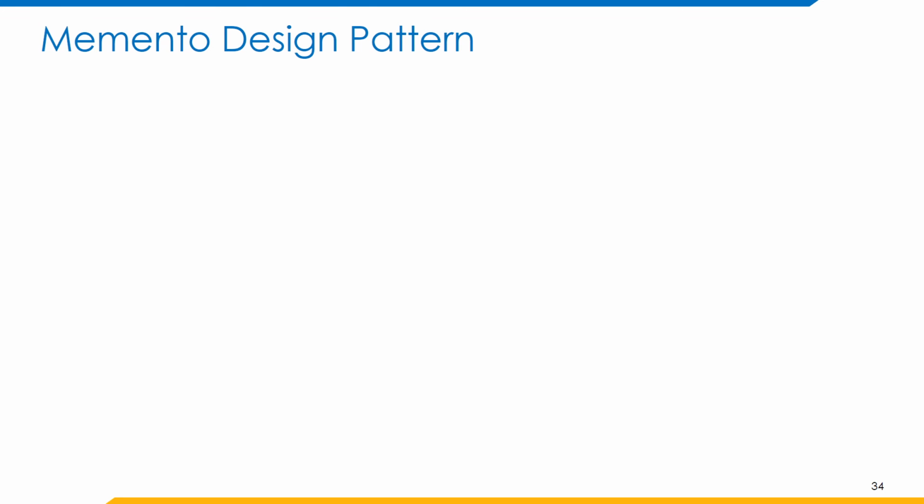Memento design pattern is used to store the previous states of an object. For example, in a text editor, if I want to get the previous states, we apply the undo operation. With the help of that, we get the previous states.